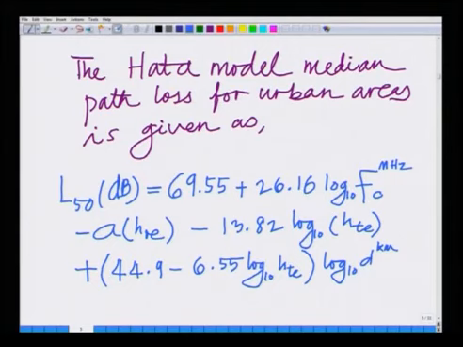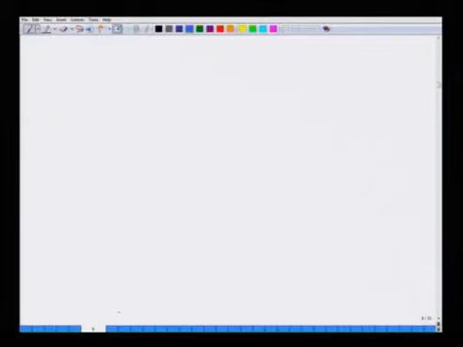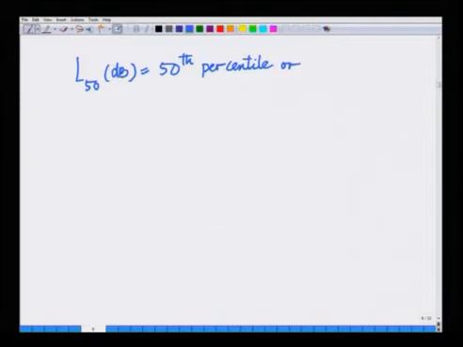So, this model gives the 50th percentile path loss using this expression. Let me define the different quantities here. L50 dB equals the 50th percentile or the median path loss.